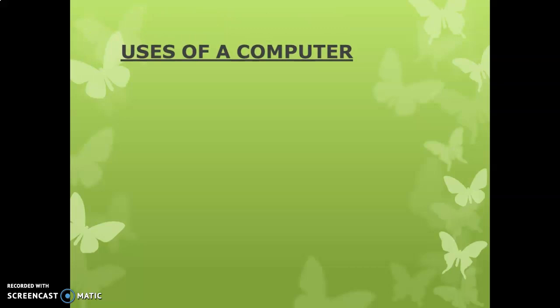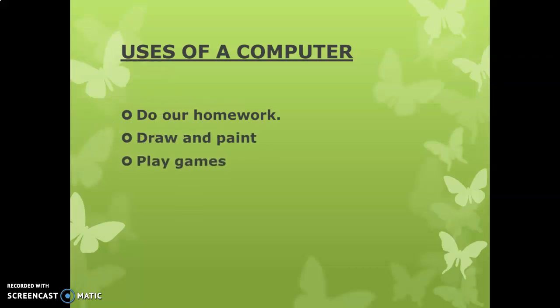Now, what are the uses of a computer? We can do our homework. We can do drawing and painting. We can play games. We can do calculations like addition, subtraction, multiplication and division.